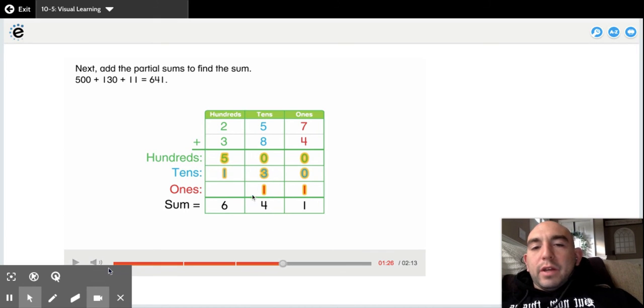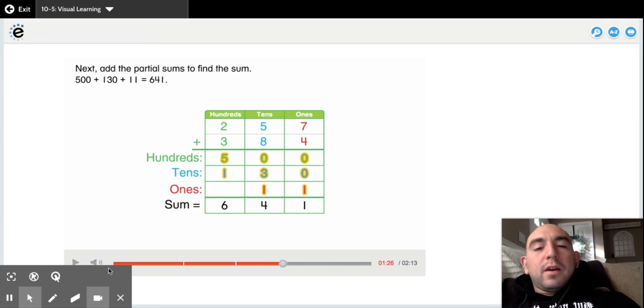Put your sum underneath. 5 plus 1 is 6. Put your sum underneath. Because remember, 500 plus 100 is 600. 30 plus 10 is 40. Or 3 plus 1 is 4. 0, 0, 1. We only have 1 left over. This is another way of finding sums when we add 3-digit numbers by using these partial sums here.